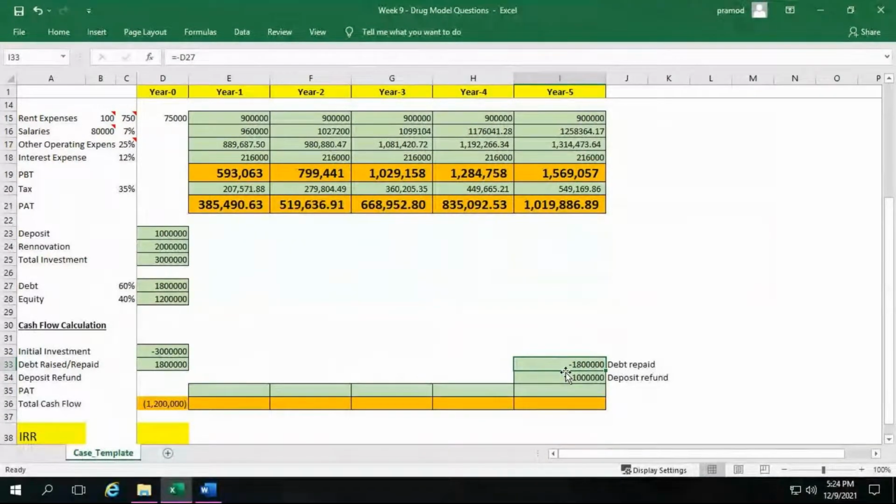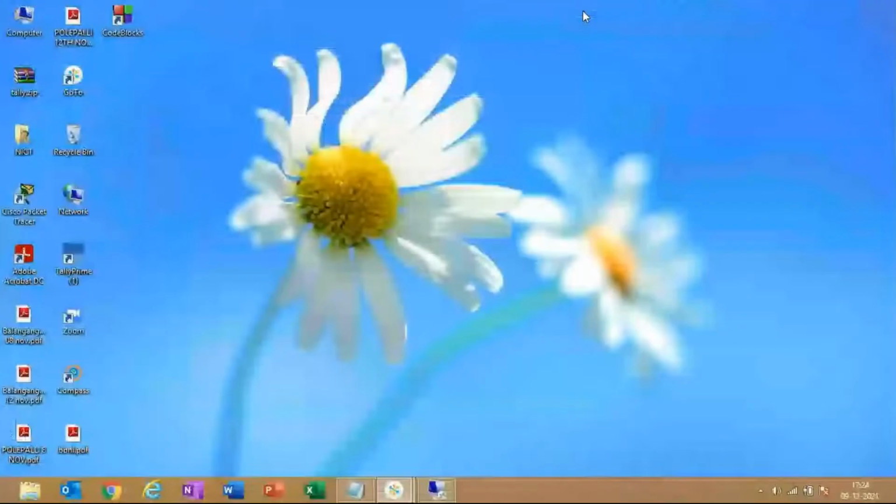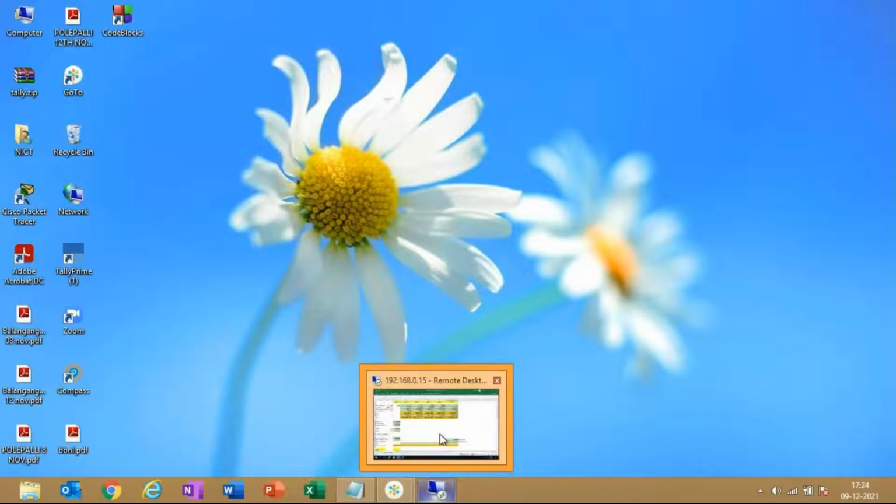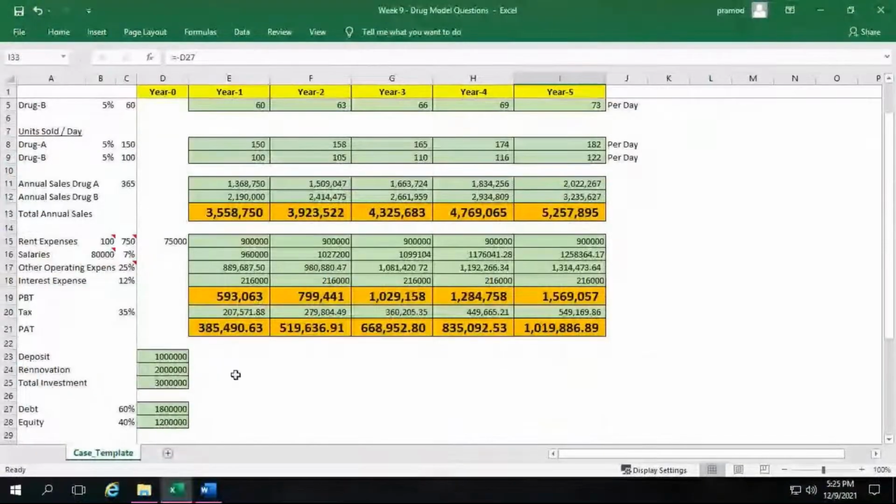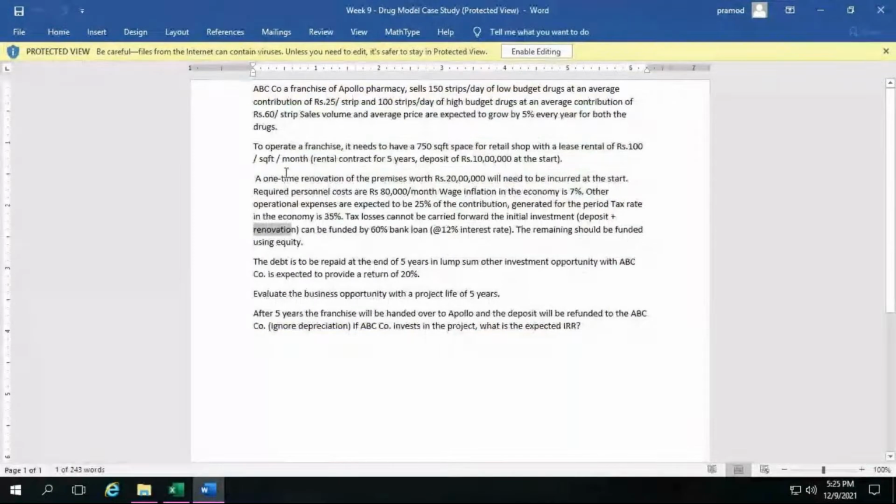Okay. So in the cash flow, they are telling to take the PAT, other operating expenditures. See what they have told you here: other operating expenditures are expected to be 25% of the contribution.